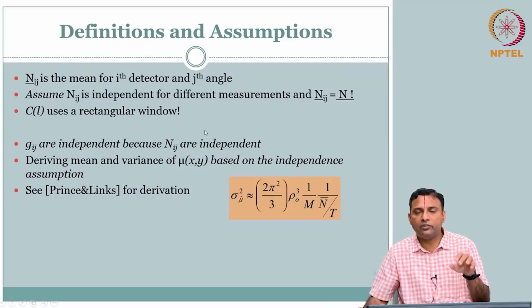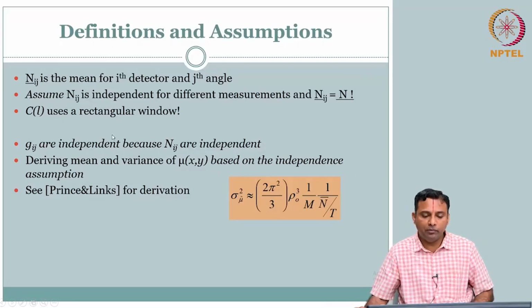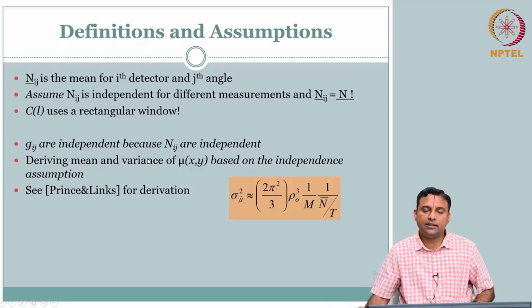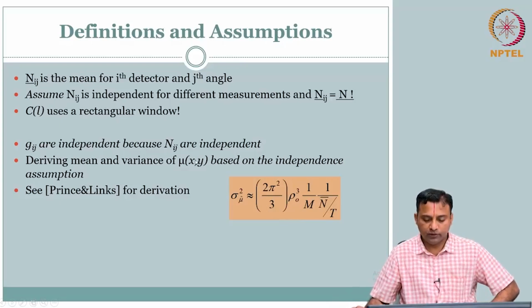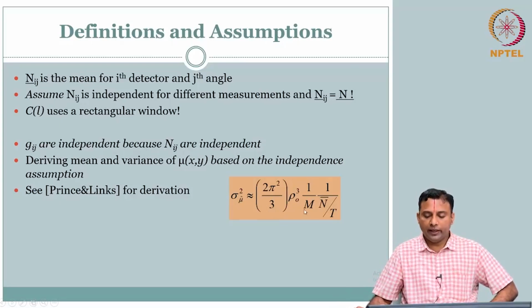In the real context, when you are working on it, you have to be very diligent, but here the objective for us is to understand the factors and relate to our instrumentation and physics. So we will not go into the details, but essentially this is an expression that you get by making these assumptions and starting out with the discretized approximation of your convolution back projection. So this is the variance you get.